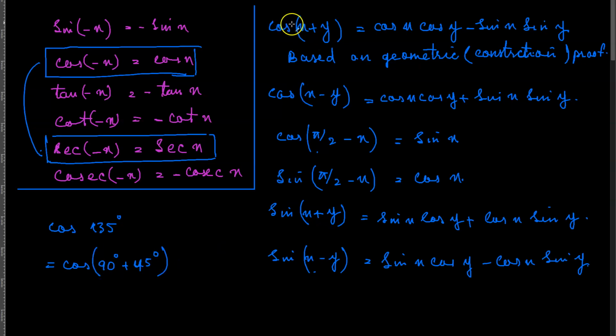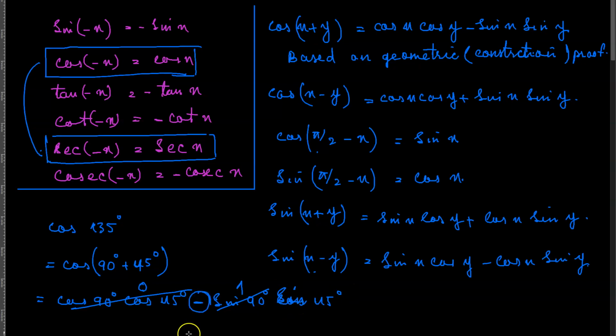And then cos of x plus y is equal to cos x cos y minus sin x sin y, so cos 90 degrees, cos 45 degrees, and minus sin 90 degrees, sin of 45 degrees. Now cos of 90 degrees is equal to 0, so this whole thing becomes 0. Sin of 90 degrees is equal to 1, so that's equal to sin of 45 degrees, and you have a negative sign here as well.